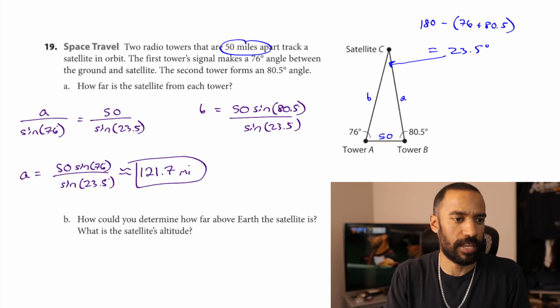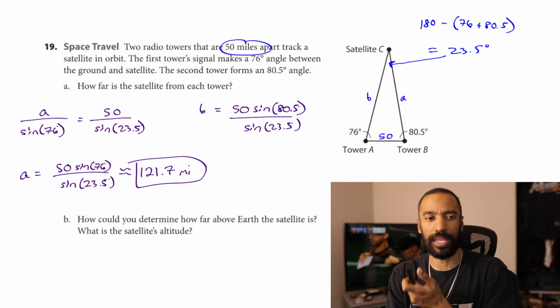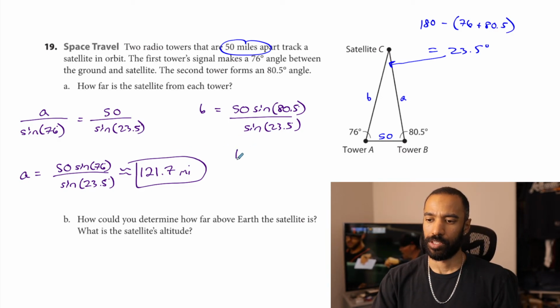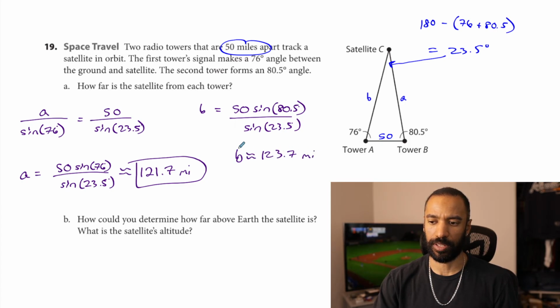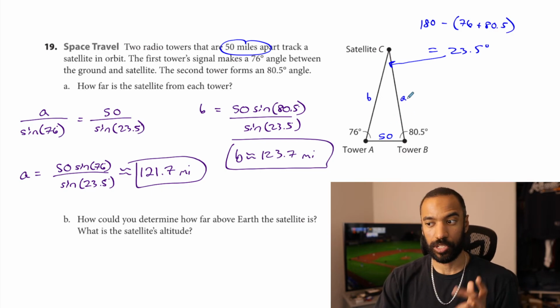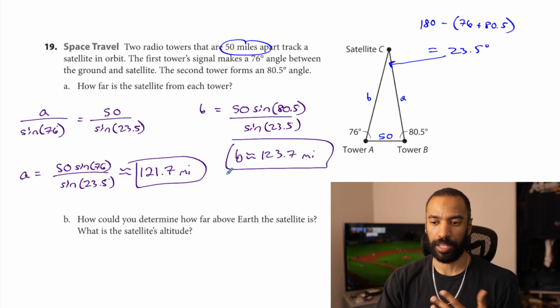For b's value, instead of 76, let's do 80.5. 123.7 miles. So b is approximately 123.7 miles. b should be just a little larger, as the angle's a little bit larger there.